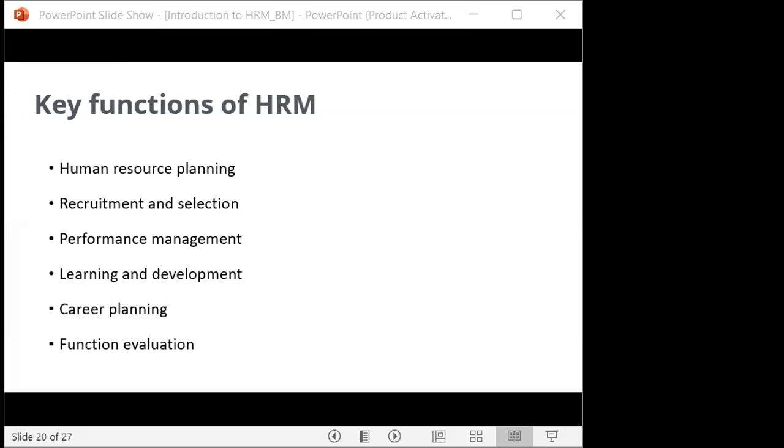Career planning means, now you are at a stage, let's say accounts assistant. What is your career path in the organization? I can be promoted to accounts executive, senior accounts executive, then assistant manager finance. Likewise, that is my career path.